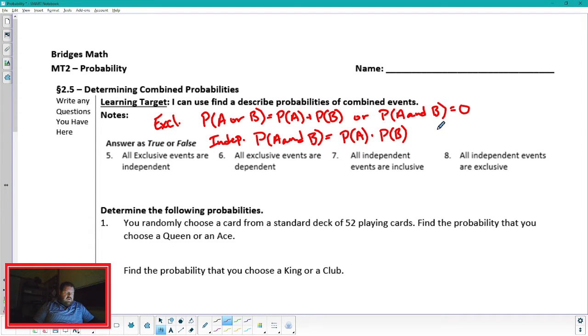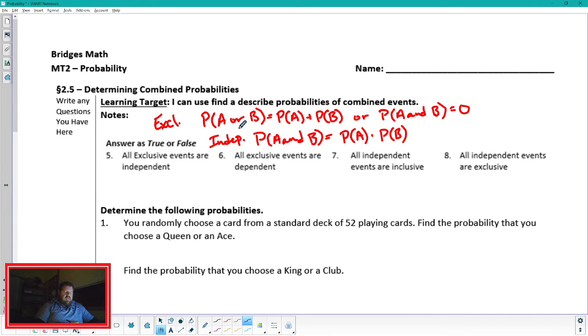The first one says all exclusive events are independent. The problem with that is if two events are exclusive, then the probability of A and B is equal to 0. So unless the probability of A or B is equal to 0 themselves, that can't really be the case, because the only way to multiply two numbers together and get 0 is if one of them is 0.